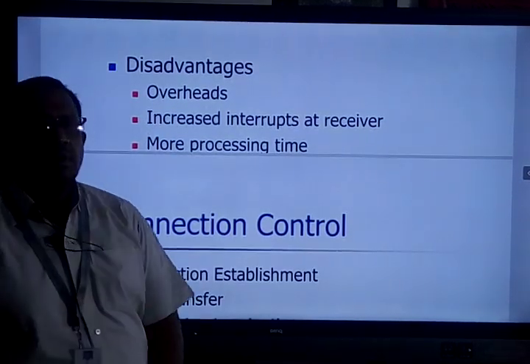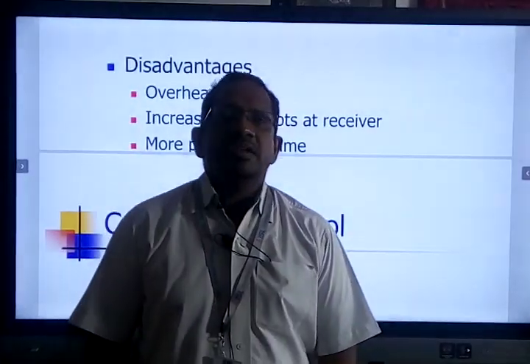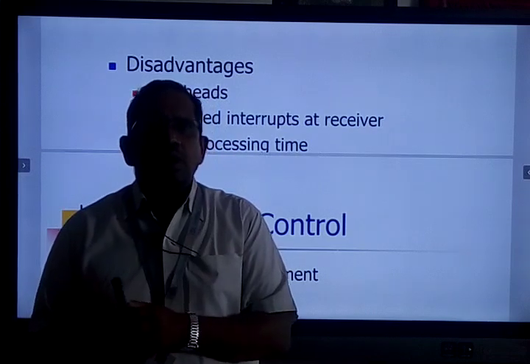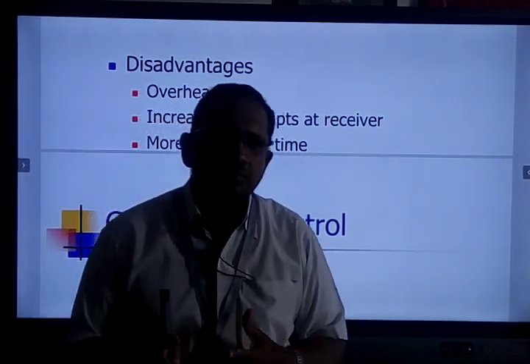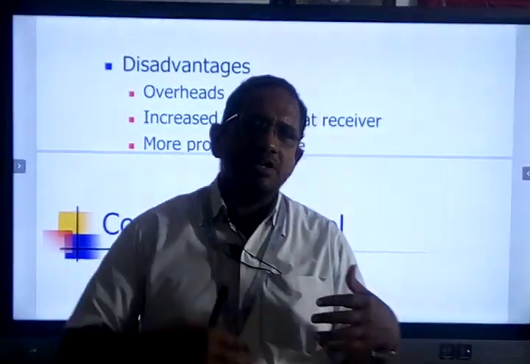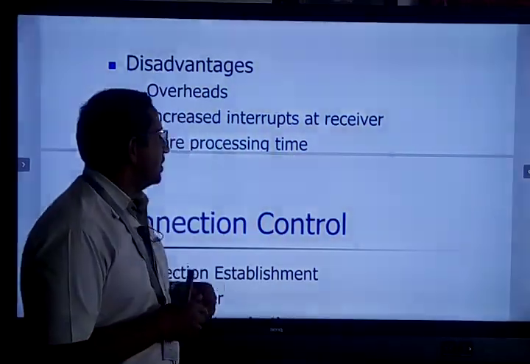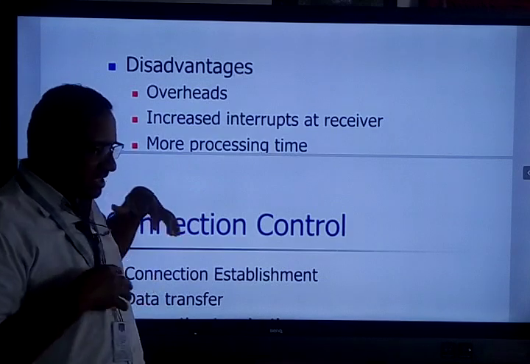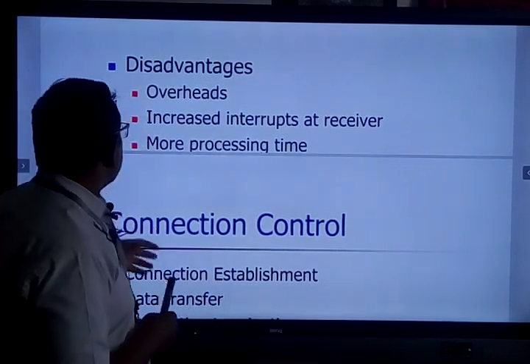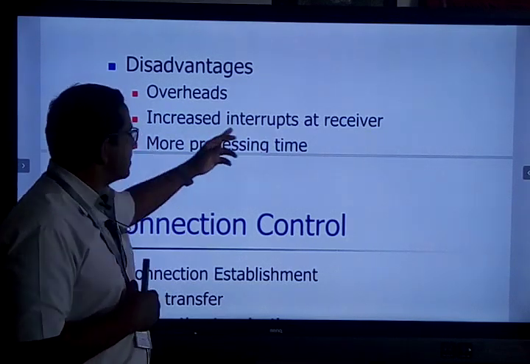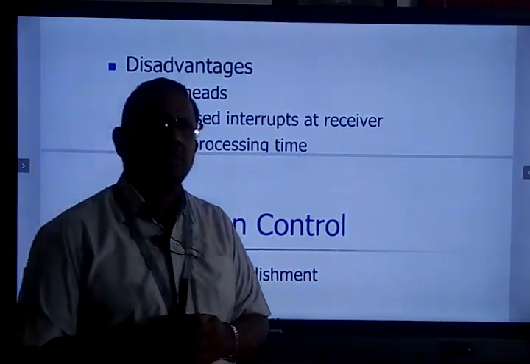At the receiver, what happens is the receiver has to receive all these small chunks of data. We never guarantee that whatever data has been transmitted will reach the receiver. So in that process, the receiver is always going to get continuous interrupts about the data.